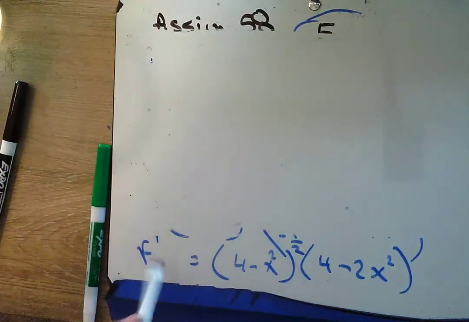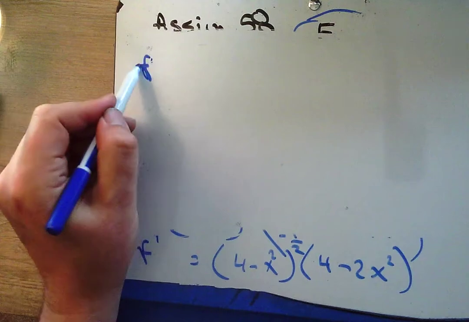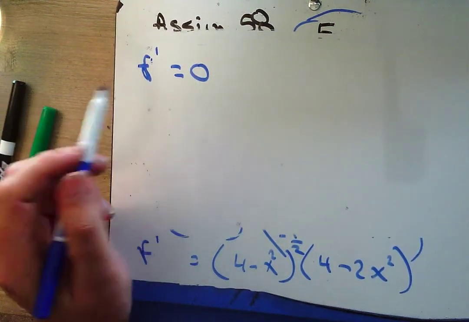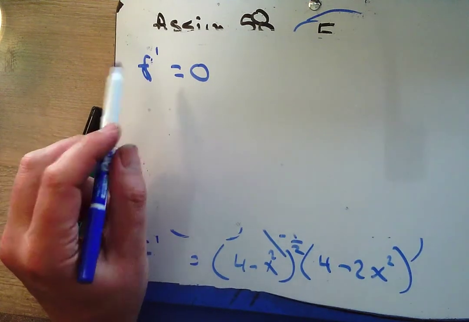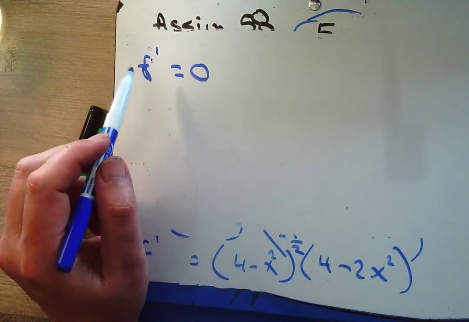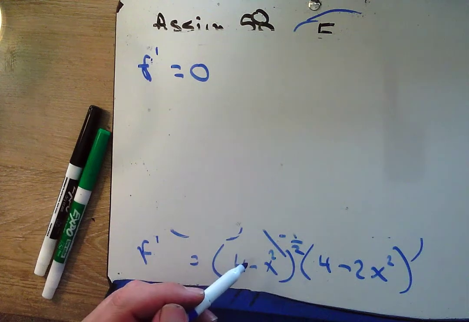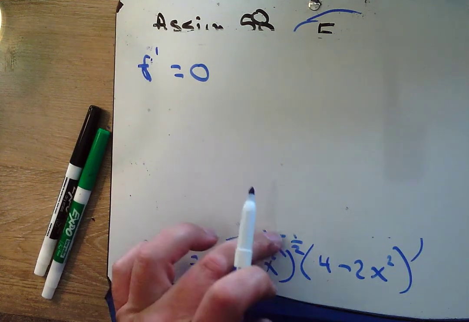Now, an interesting, maybe even a nifty thing is simply by setting f prime equal to 0, here's my f prime. When I set f prime equal to 0, I'm finding the critical points. I'm finding where f prime equals 0, but I'm also finding when f prime is undefined. Why?